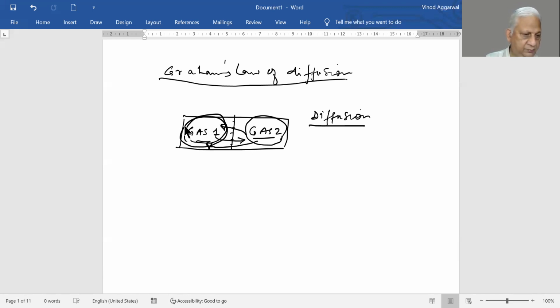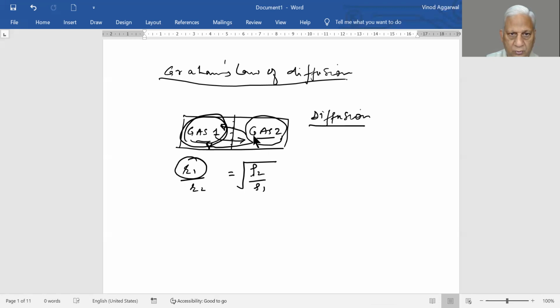And there are certain relationships, in which R1 by R2 is equal to root of rho 2 by rho 1, which means rate of diffusion of gas 1 into gas 2 divided by rate of diffusion of 2 into 1.